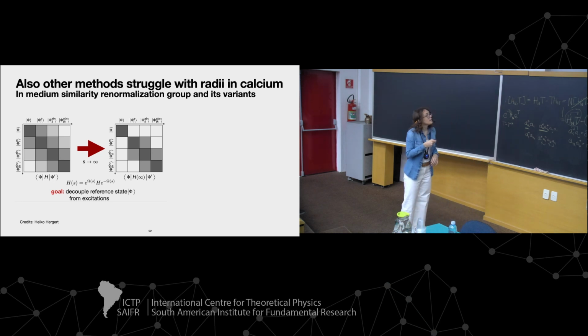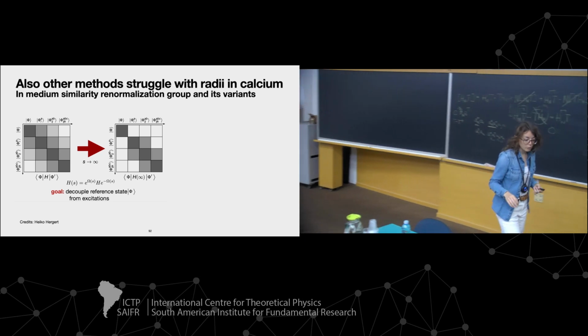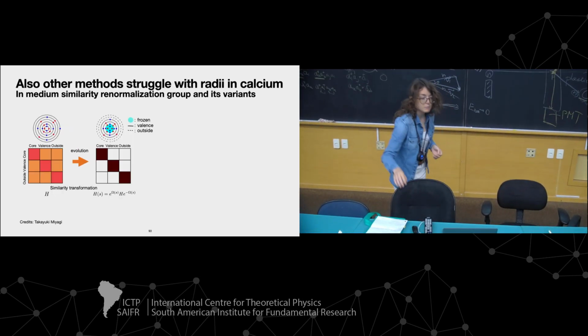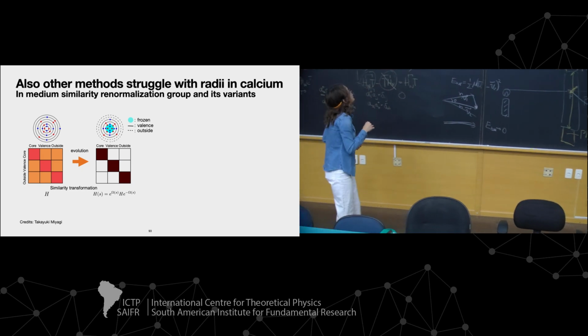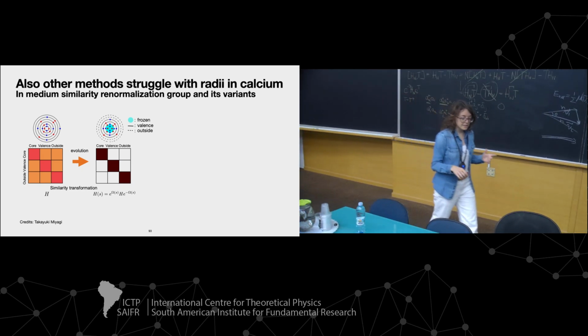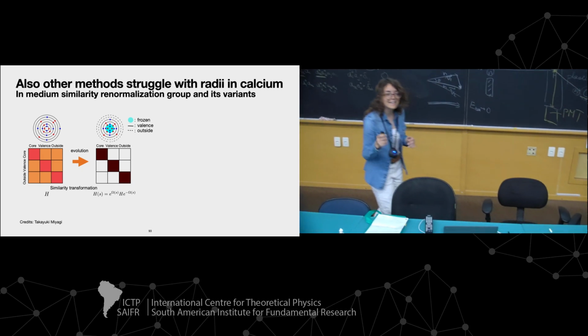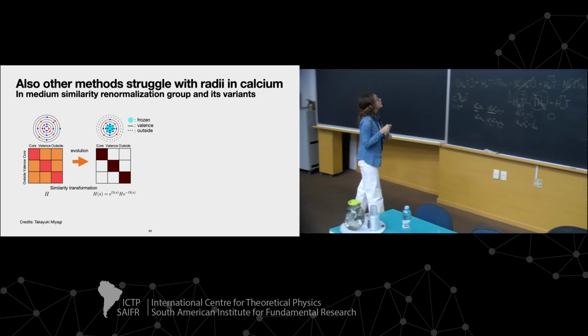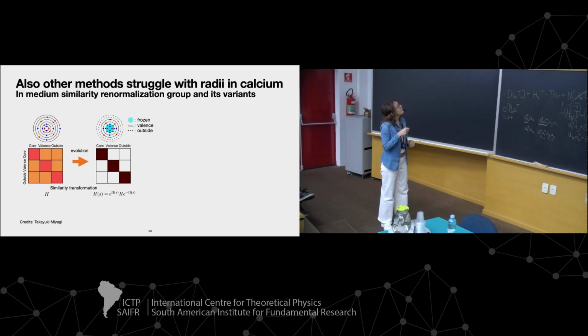And this same idea, in the case of the IMSRG, can also be applied to open shell nuclei. And this leads to the valence space IMSRG. So the idea here is that instead of decoupling the reference from the Slater determinants, we will have a decoupling between a core and a valence space.